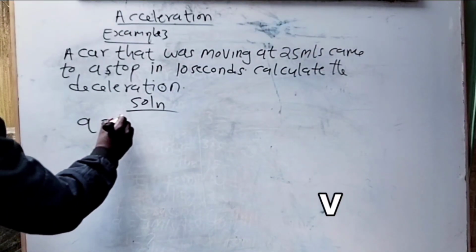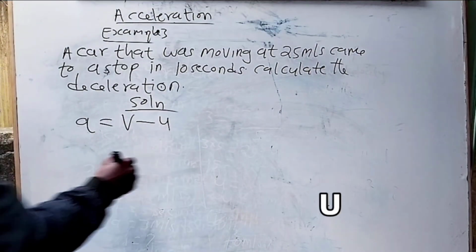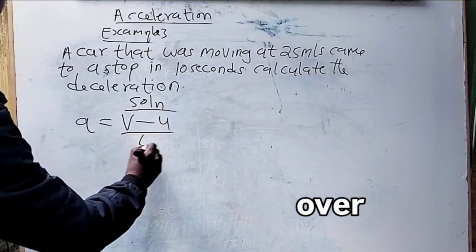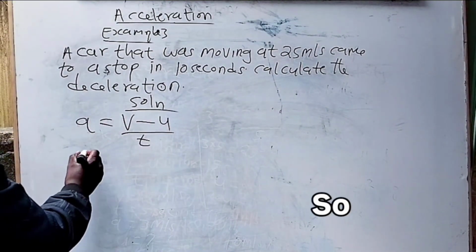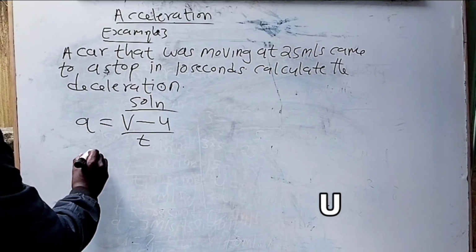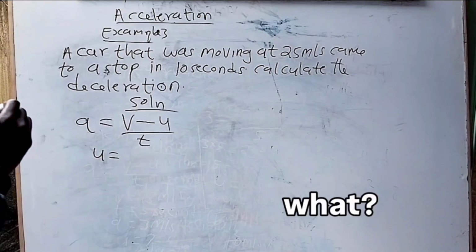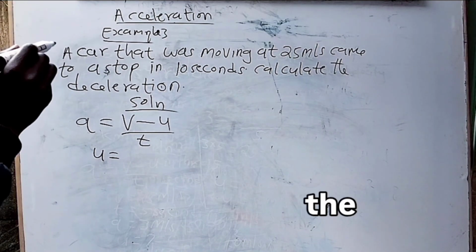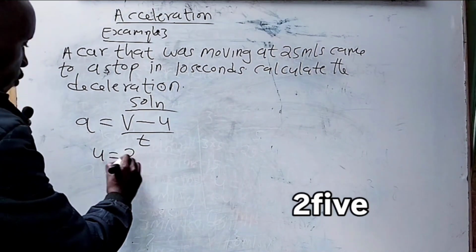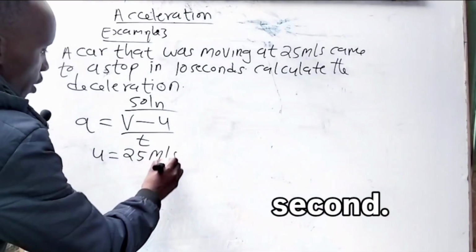Acceleration is equal to v minus u over time. So our u is what? The car was moving at 25, so that is the initial velocity, 25 meters per second.